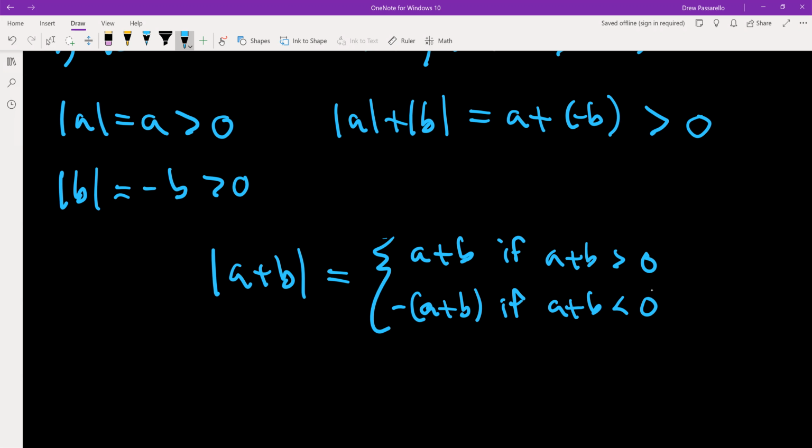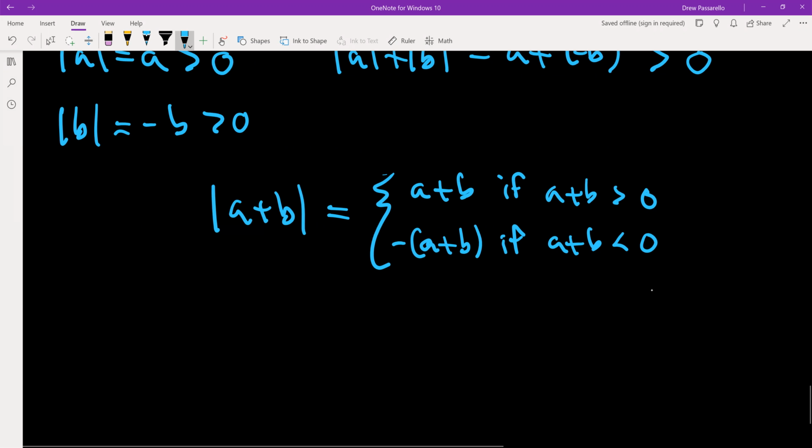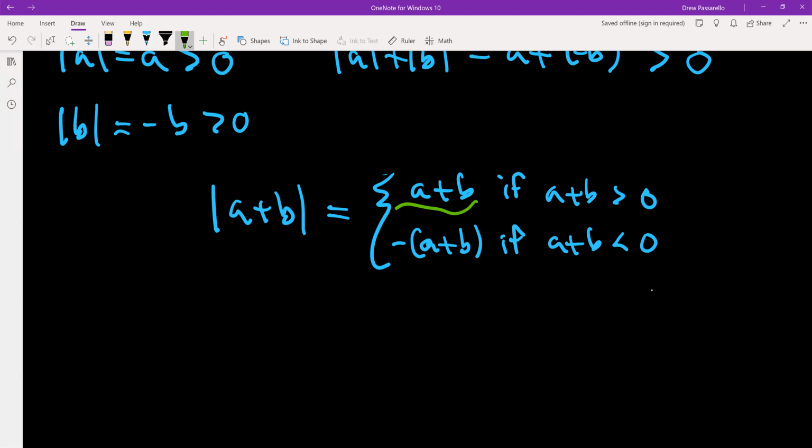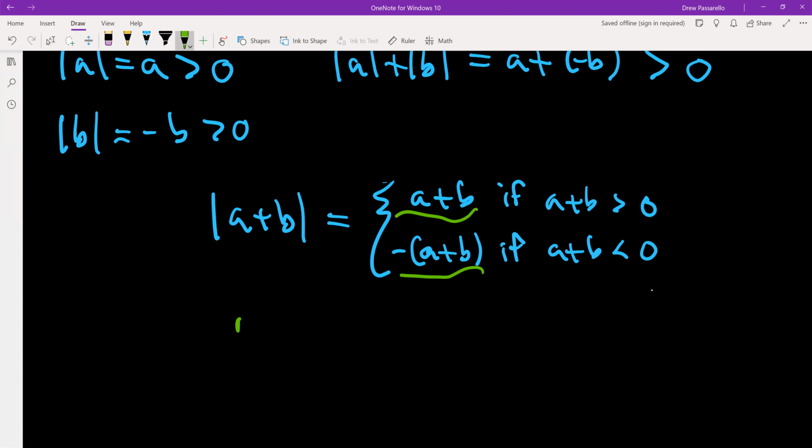So neither one of these is equivalent to a plus negative b.